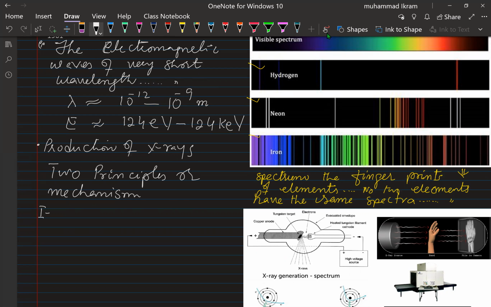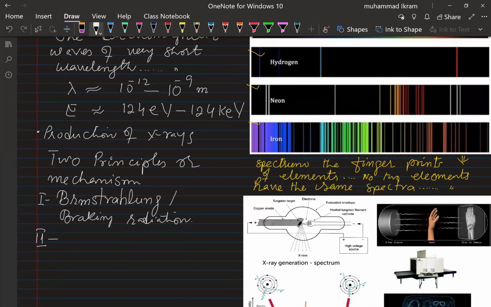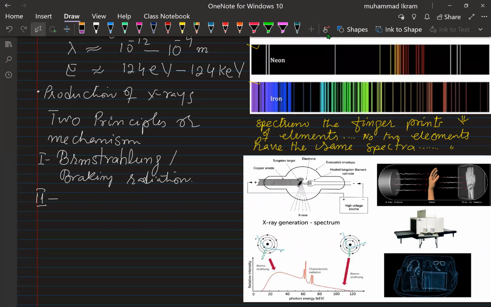One we call the Bremsstrahlung radiation. Bremsstrahlung process, or sometimes it is also called the braking radiation. I will explain all these one by one. And the second important one is known as the characteristic X-rays.